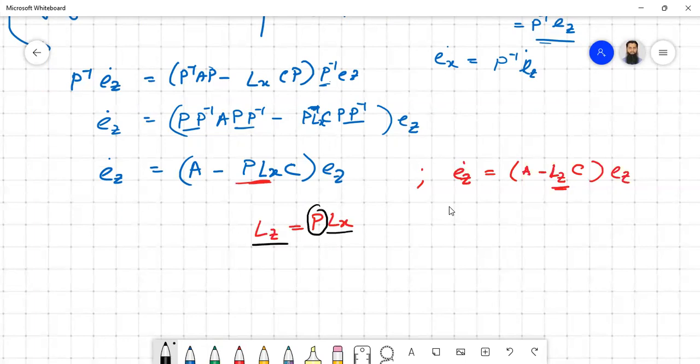And also your output Y minus Y hat can be related as CP. It was P inverse Z, so CPX it was. So X is replaced by P inverse Z, so these two are vanishing.